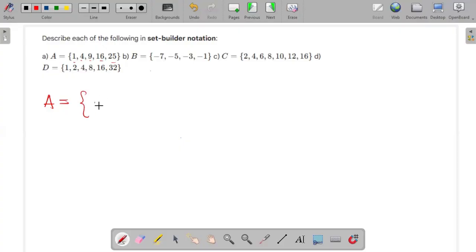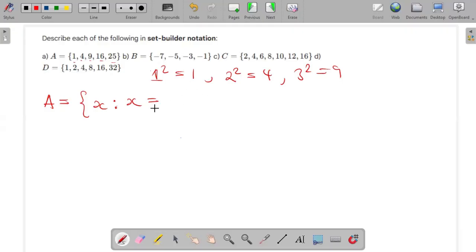So it's a set of x such that, now what is x? x is a number that is being squared. Because when I get 1, I square 1, it gives me 1. For the next one, I get 2, I square 2, this gives me 4. For the next one, I get 3, I square 3, this gives me 9, all the way up to 5 in this case.